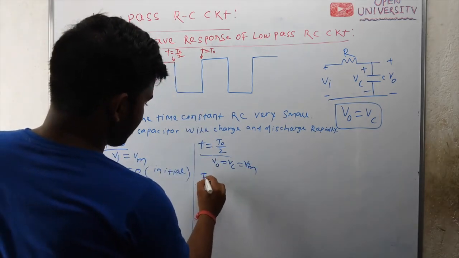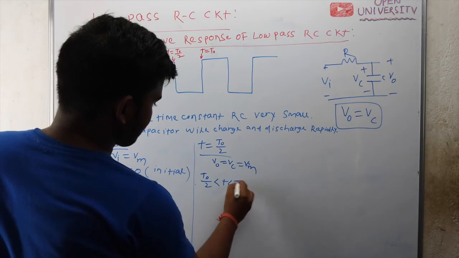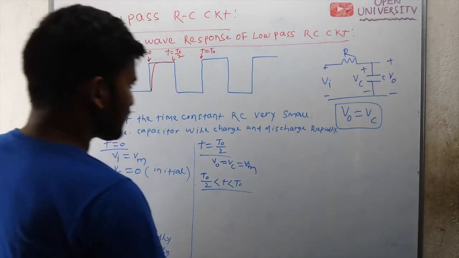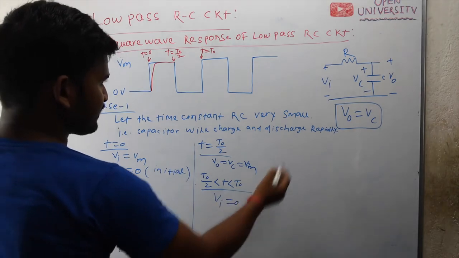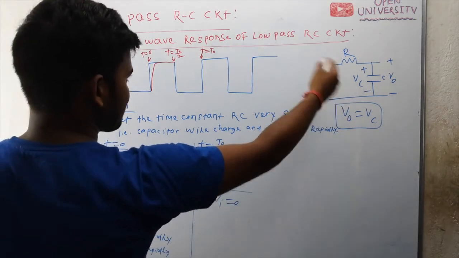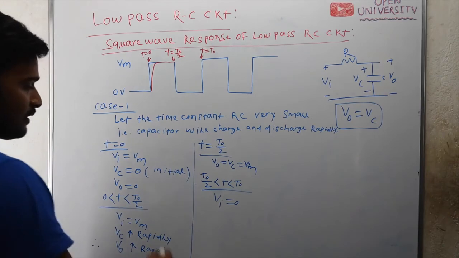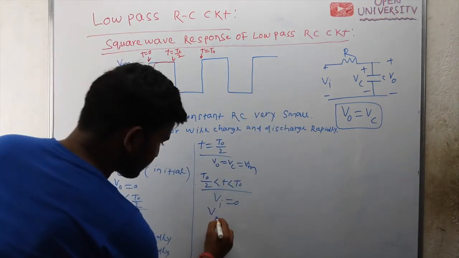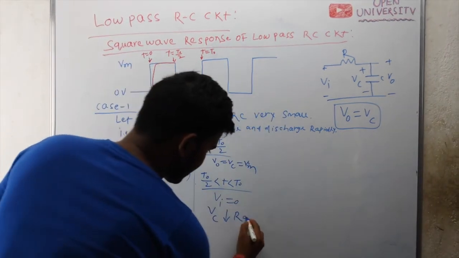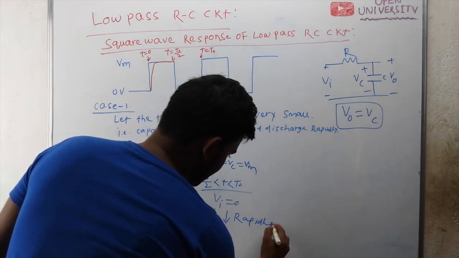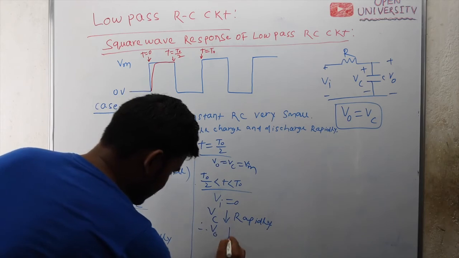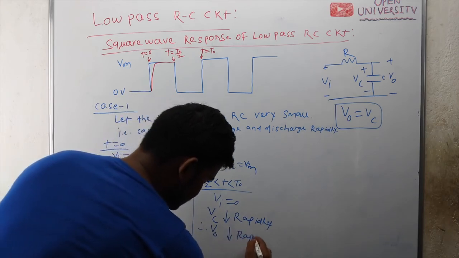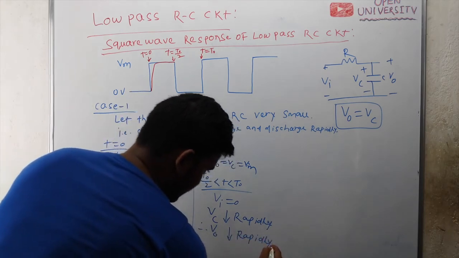And what happens when t is in between t naught by 2 to t naught? In this interval, input voltage becomes 0. If input voltage becomes 0, the capacitor will discharge its energy through the resistor. Very quickly, the voltage across the capacitor will decrease rapidly because the time constant is very small. So output voltage decreases rapidly.